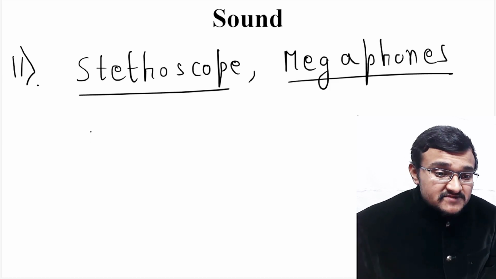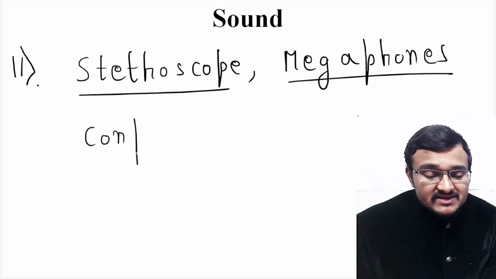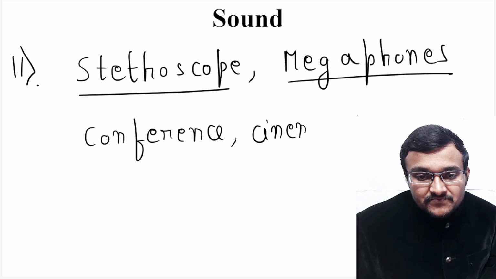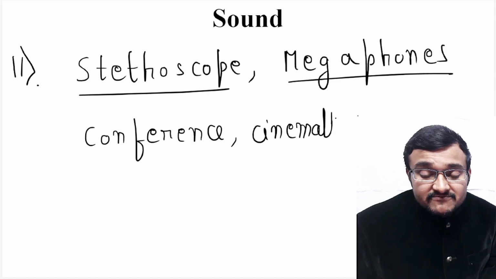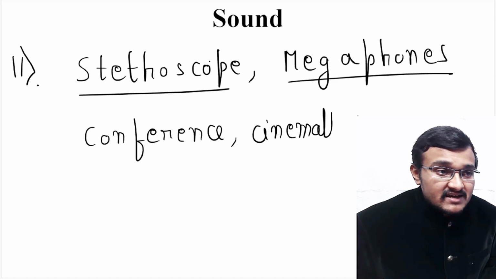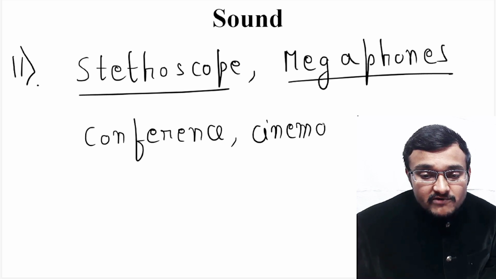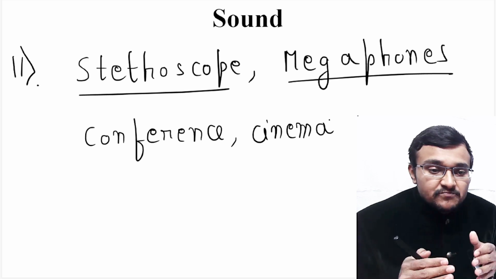Also, reflection of sound happens inside a conference hall and a cinema hall. In these halls, reflection of sound happens in such a way that the audience can clearly hear the audio of the movie, or whatever a person is speaking in a conference hall.